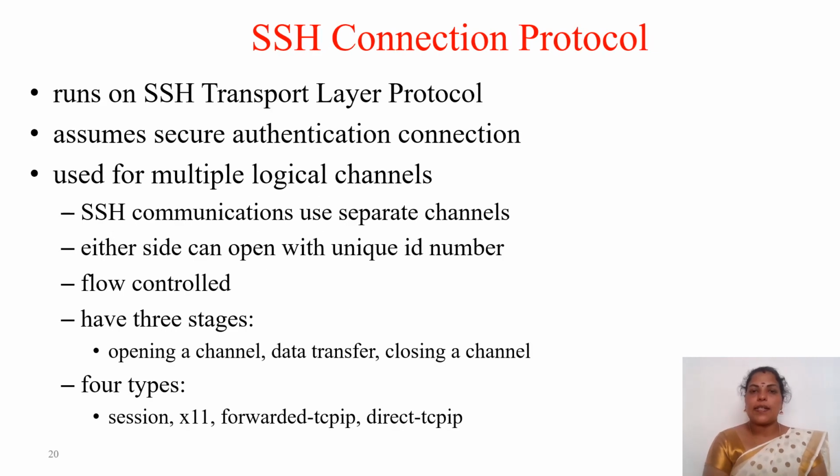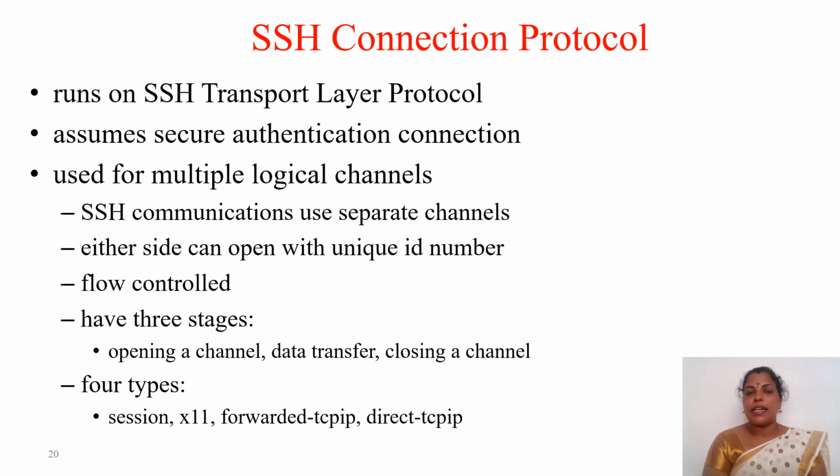Next is the SSH connection protocol. It runs on the SSH transport layer protocol, and it assumes a secure authenticated connection, and it is mainly used for multiple logical channels. SSH communications use separate channels, either side can open one with a unique ID number, and the flow of data is controlled.